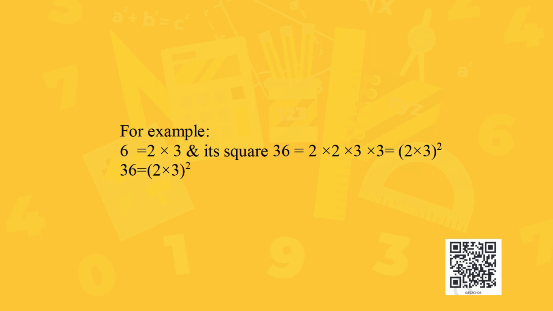So, we have written 36 as 2 times 3 whole square. Observe these two things, students. The prime factorization of 6 was 2 times 3, and we got the prime factorization of 36 to be 2 times 3 whole square.